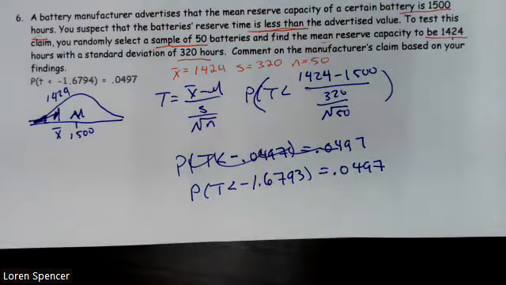So at the 5% level, we would reject the claim, but that's not what they were asking us to do here. We just figured the probability of having that mean.